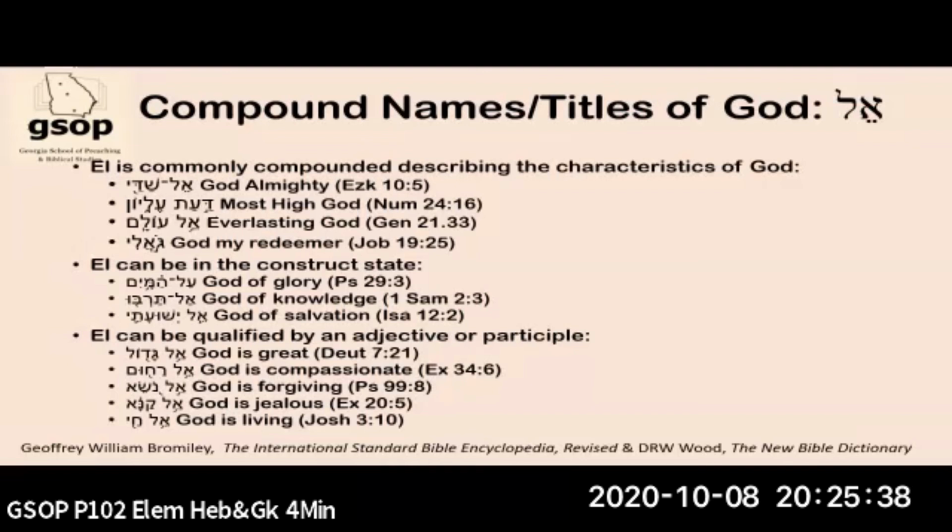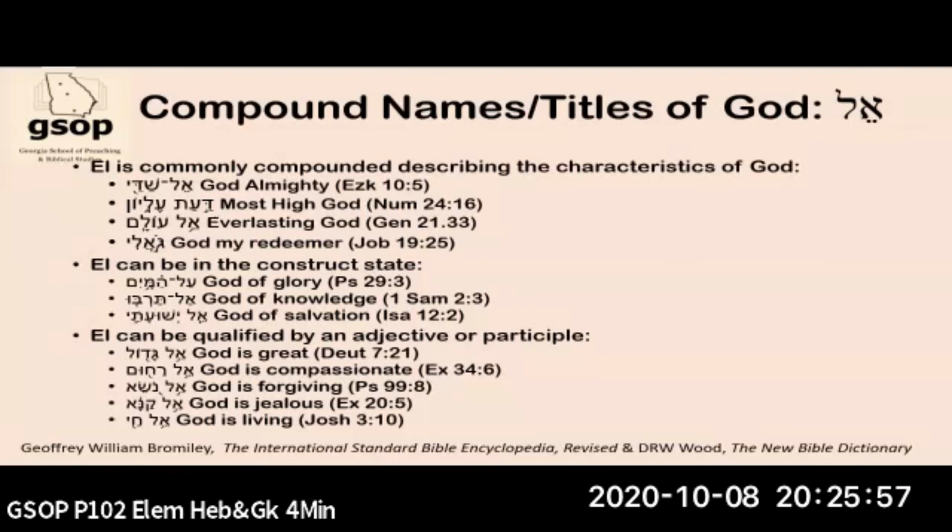El can also be in the construct state. We talked about that, and that's why I wanted to make sure we did the construct state. In other words, it's possessive. So it can be God of glory, El Hakavod, the God of glory.